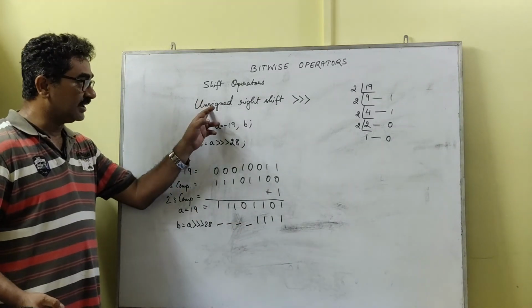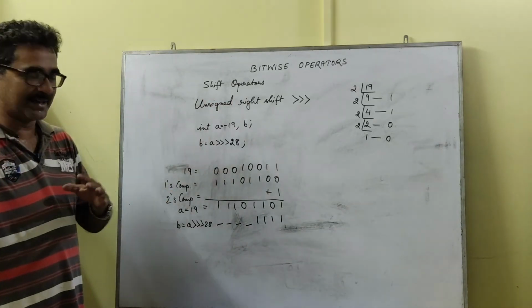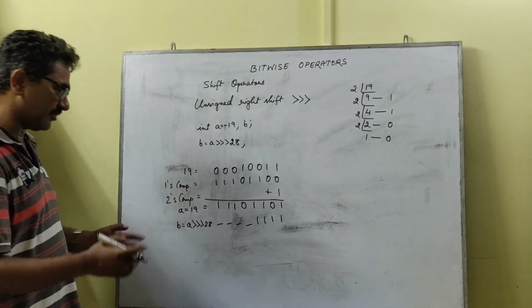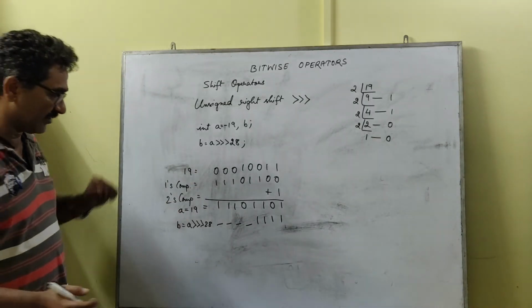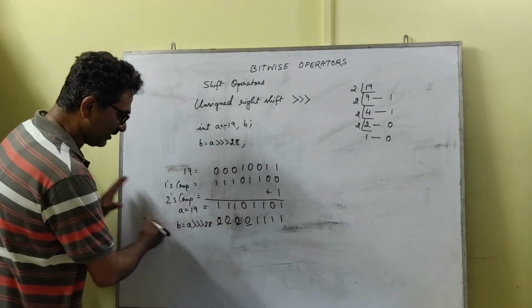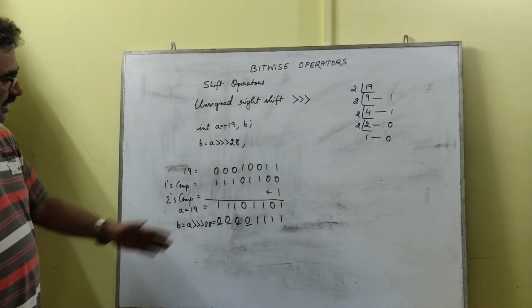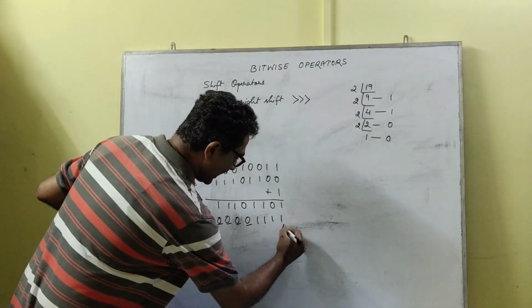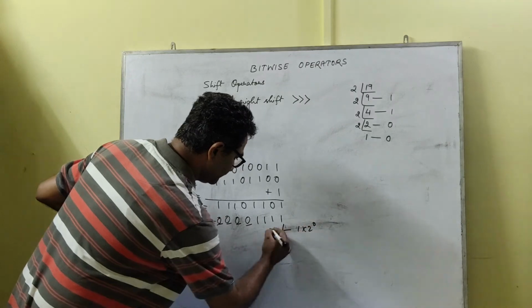Now, as mentioned earlier, unsigned right shift does not maintain the sign. That is, irrespective of whether the number is negative or positive, on the left hand side, it will always get filled up with 0. So we'll be left with all zeros on the extreme leftmost end. So this is the number which got stored inside variable B. And this is simple.